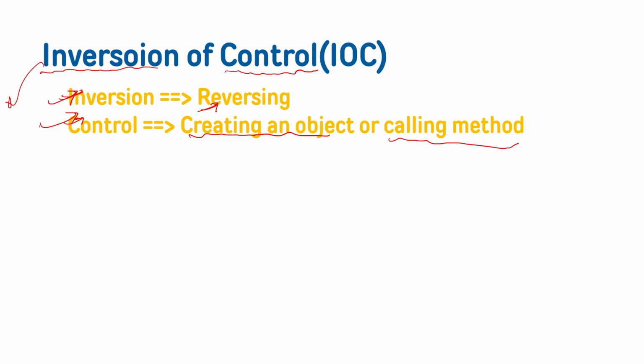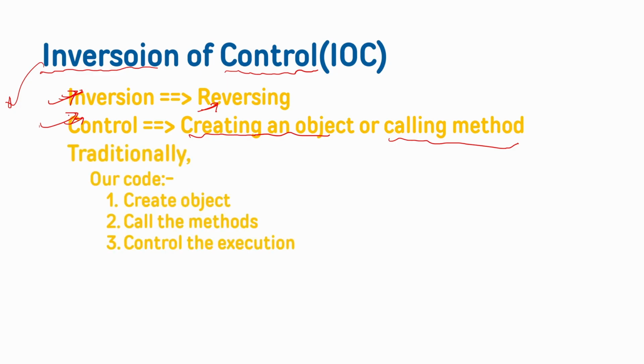First, understand what happens without inversion of control. Traditionally, without IoC, our code only creates the object, calls the method, and controls the flow of execution of our code.